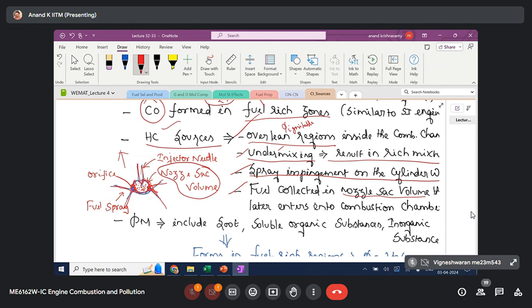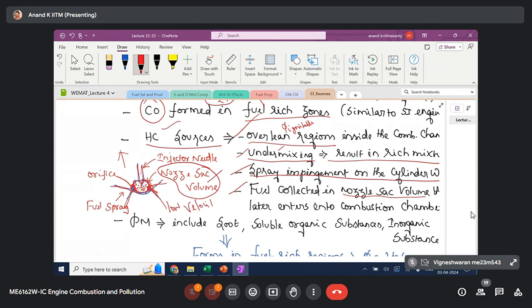Once the needle sits, there is some volume of fuel collected in the sac volume, based on the magnitude of the sac volume. Once the needle sits, the pressure is lost, right? You don't have any high pressure. Once the needle sits, the high pressure region is closed. So the collected fuel will get into the engine cylinder at a lower velocity. This is where the problem is.